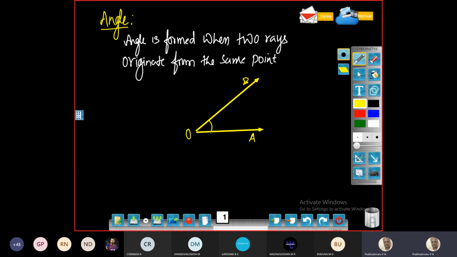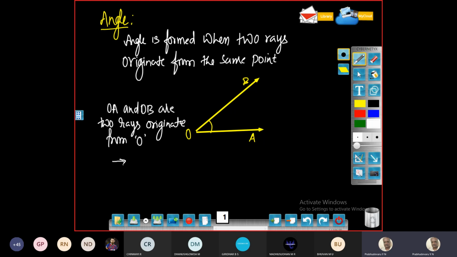So here OA and OB are two rays that originate from O. The starting point is the same for both. Both the rays start from the point O.